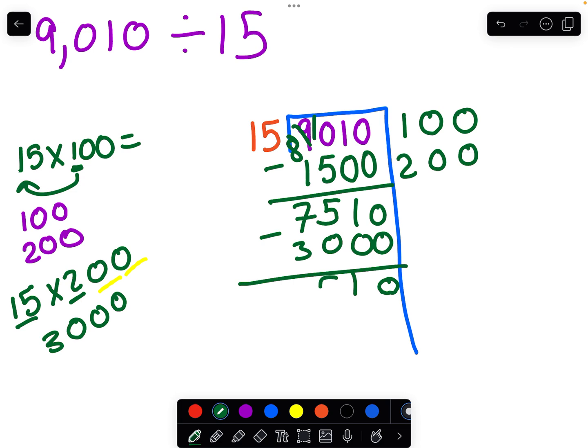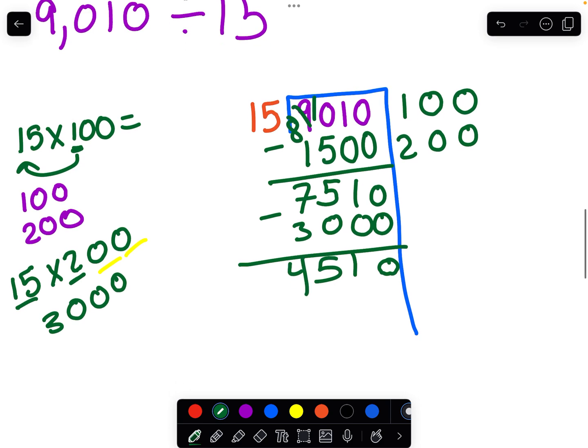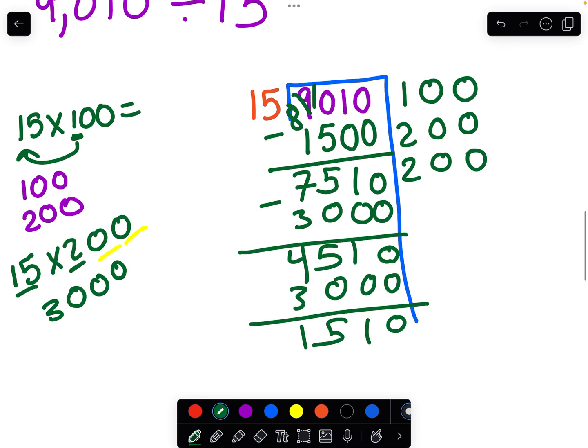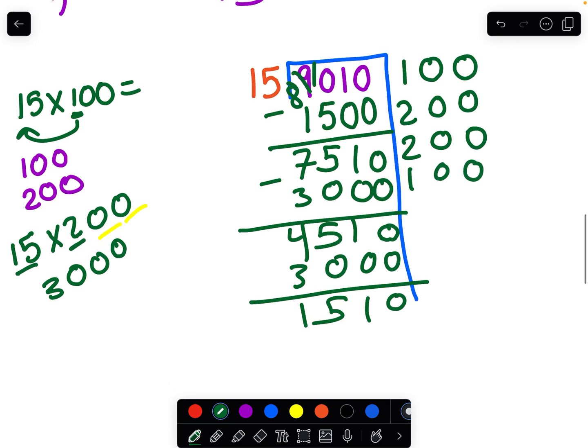I can subtract that now, and I'm still left with 4,510. And I'll do another 200 because I know that'll fit. So far, so good. And now I have 1,510. This is great because I know that 15 times 100 is 1,500.